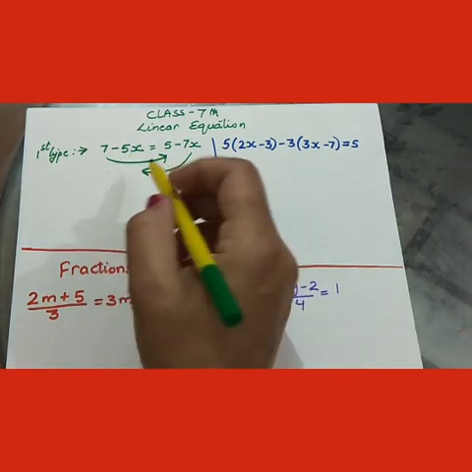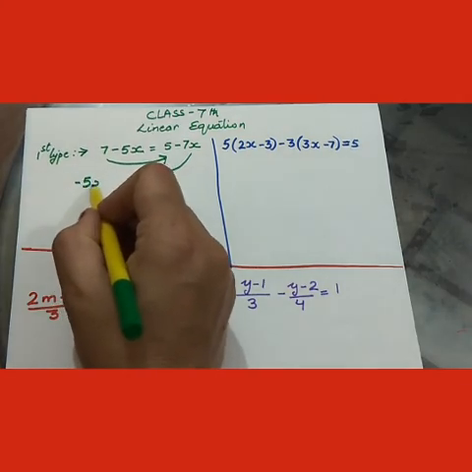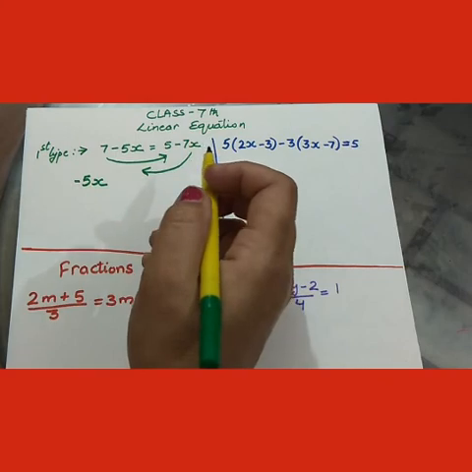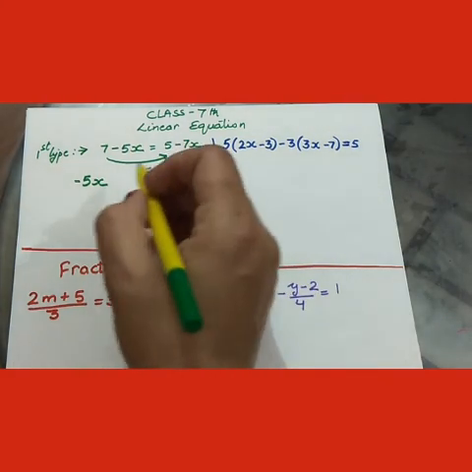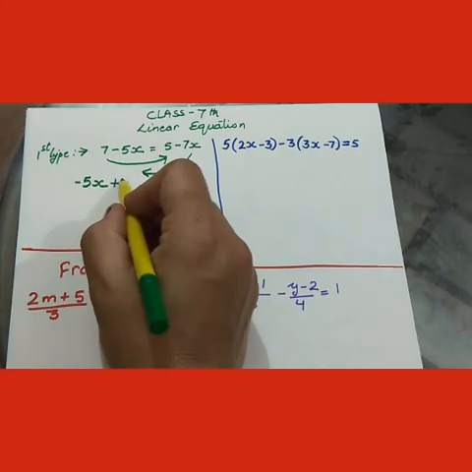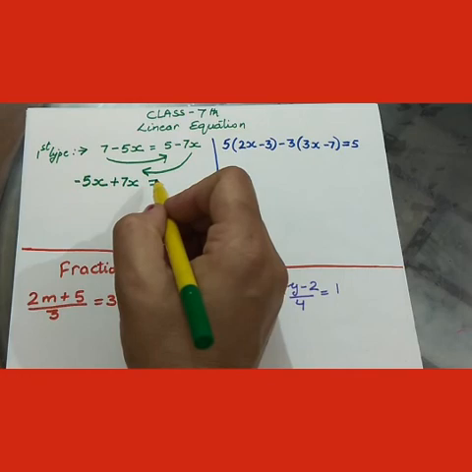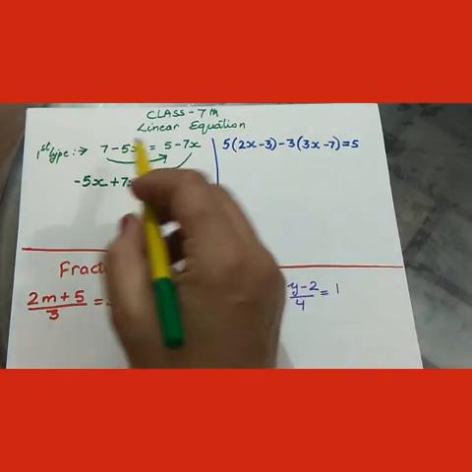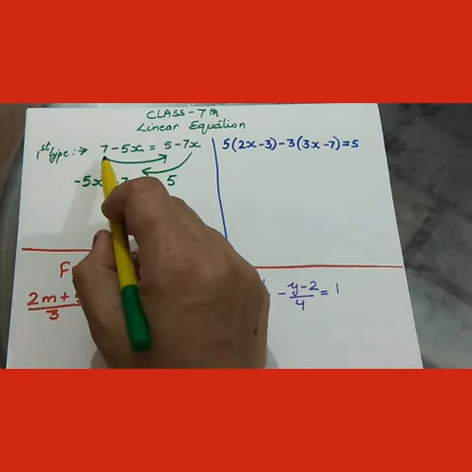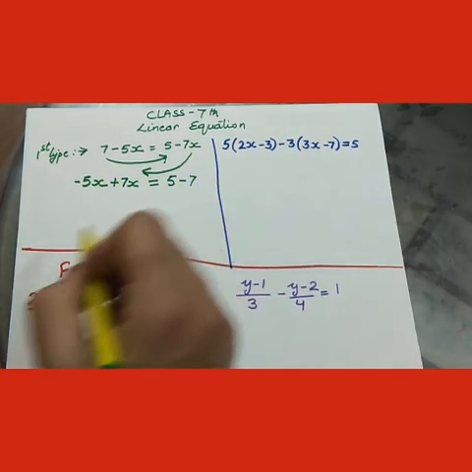So on the left hand side, first we write minus 5x, which is already there. Now I am going to move this minus 7x to the left hand side. It will become plus 7x. Now equal to, I write the right hand side. 5 is already there. And this 7 is positive. When I bring it to the other side, it will become minus 7.